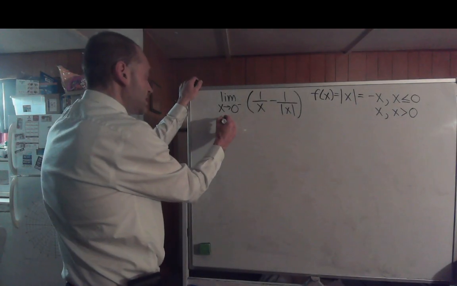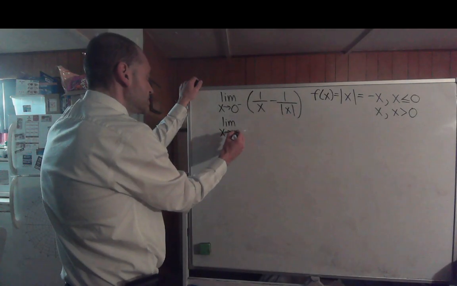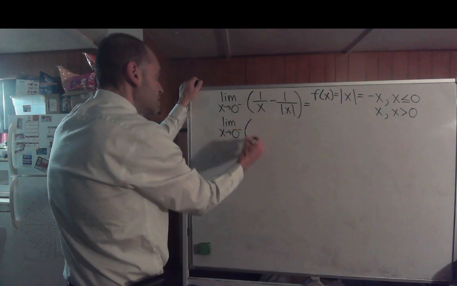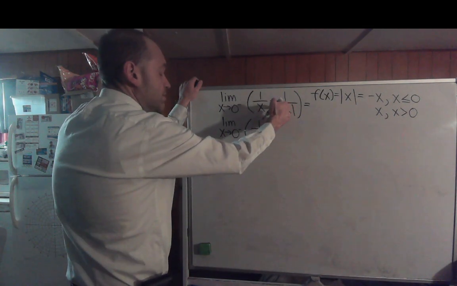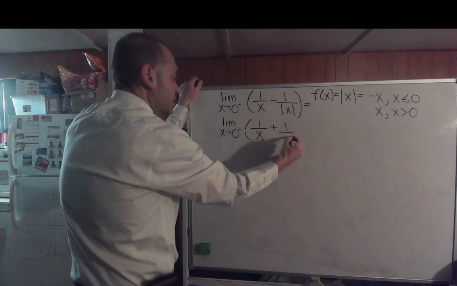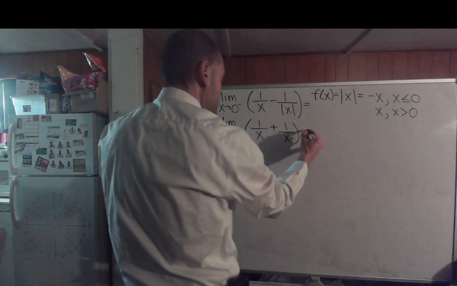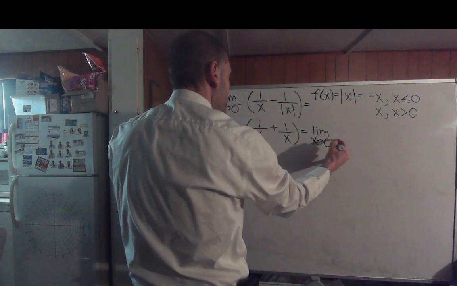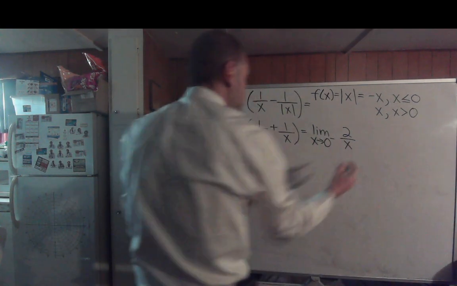So this would end up becoming the limit as x approaches 0 from the left of 1 over x, now so you'd have minus 1 over negative x. That would turn into plus 1 over positive x. Yes, we can simplify this into the limit as x approaches 0 from the left of 2 over x.